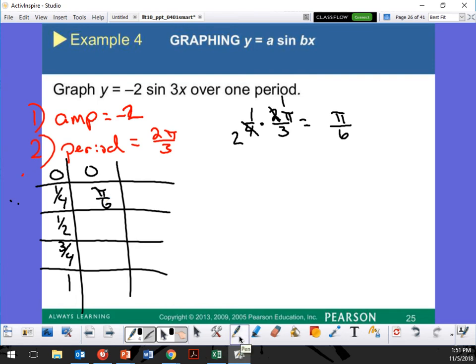All right, next one. What is half? Pi over 3, because it's 1/2 times 2 pi over 3. Pi over 3. 3/4 gives pi over 2.